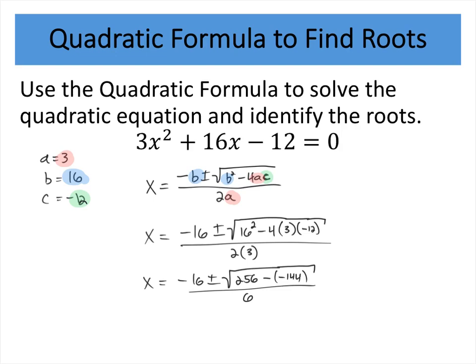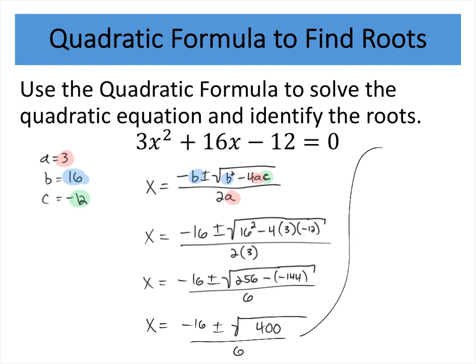I want you to pay attention that yes, it's okay to have a double negative, because 4 times 3 times negative 12 is negative 144, and the minus is also part of that. So x equals negative 16 plus or minus the square root of 400 divided by 6.